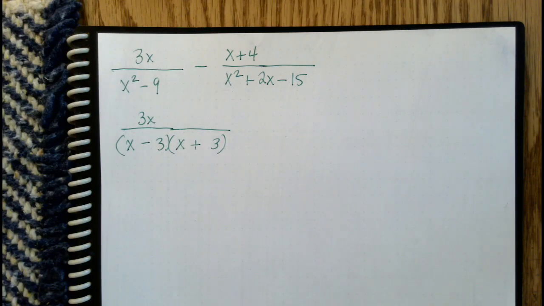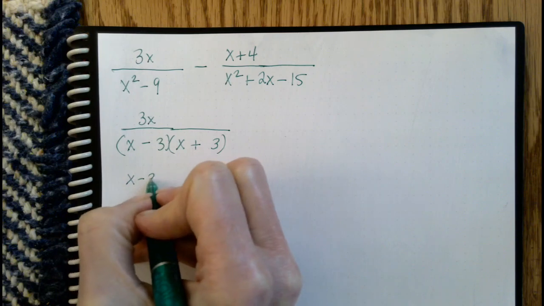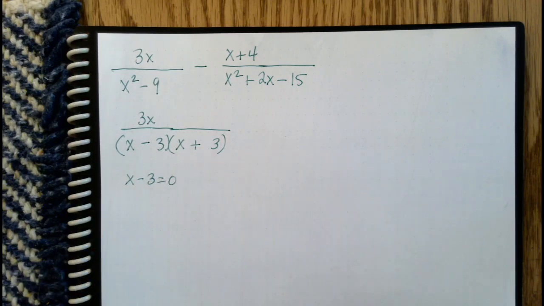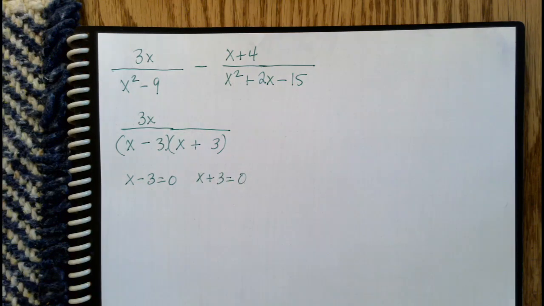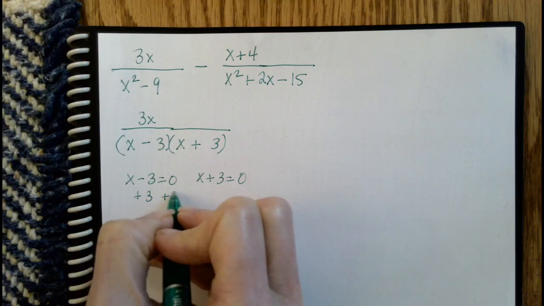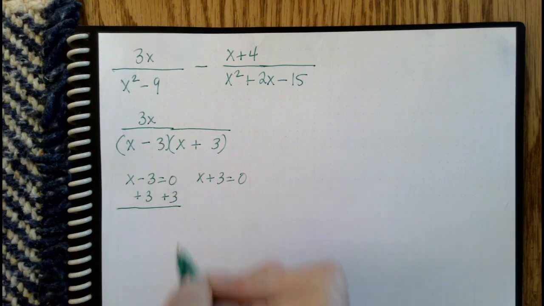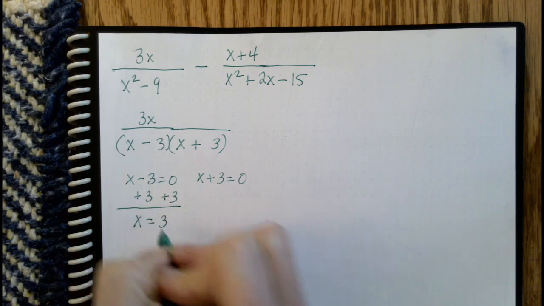So from here, what I can determine is that if x minus 3 equals 0 or x plus 3 equals 0, those are values that are going to cause our function to be undefined. Because when 0 is underneath in the fraction, it is undefined.